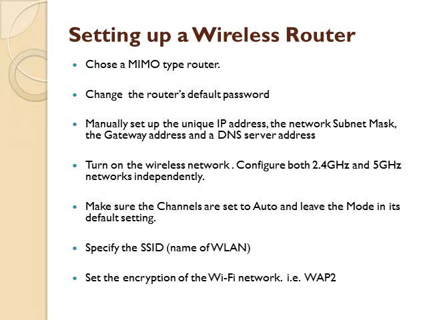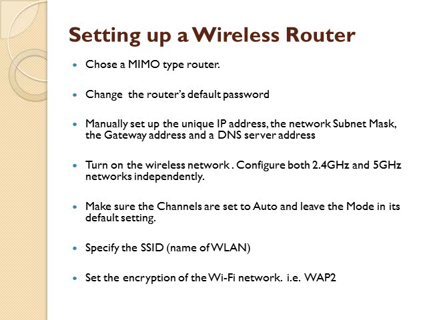The router's default password should be changed, and then a unique IP address, network subnet mask, gateway address and DNS server should be manually set up. Usually a wireless router is enabled by default. If it is not, it has to be turned on. If the router is a dual band router, both the 2.4 gigahertz and 5 gigahertz ranges should be configured independently.